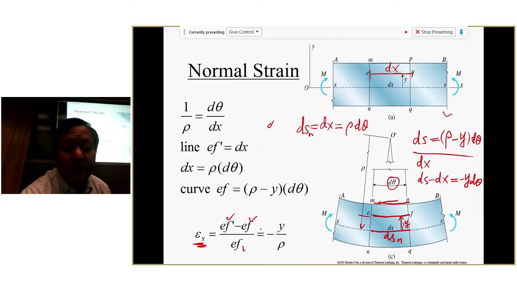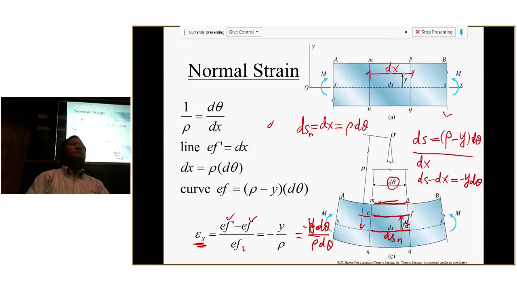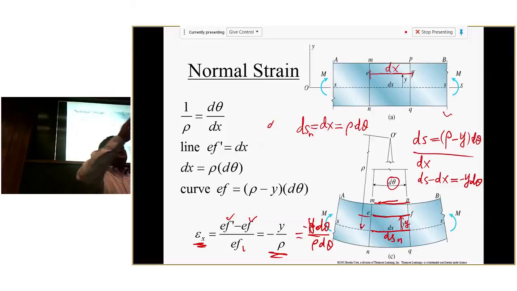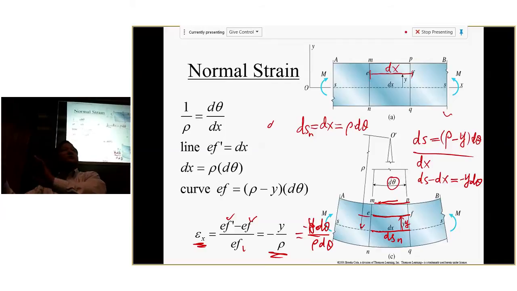Divide by the initial one. So let me write one more step here. So the difference will be negative y d theta. Then the bottom will be rho d theta. Therefore, you eliminate d theta, you get this one. Right? Okay, that's all our geometric relation. Okay, any questions here?